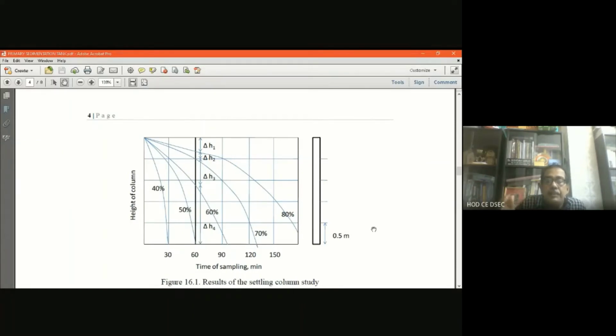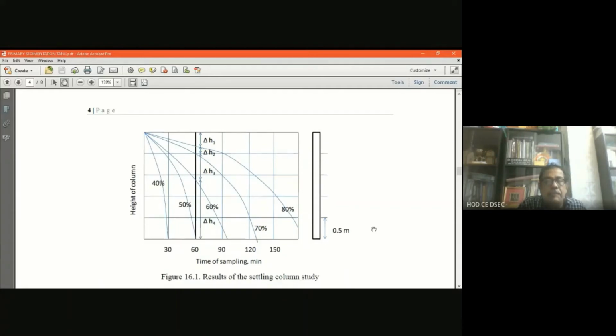Then between 80% to 70%, the intercepting point is delta H2. Then between 70% to 60%, the intersecting point is delta H3. And the last one, between 60% to 50%, is delta H4.